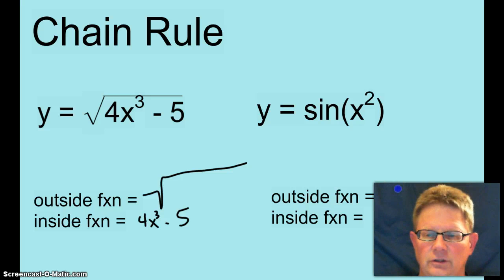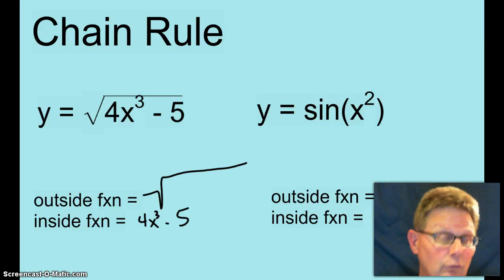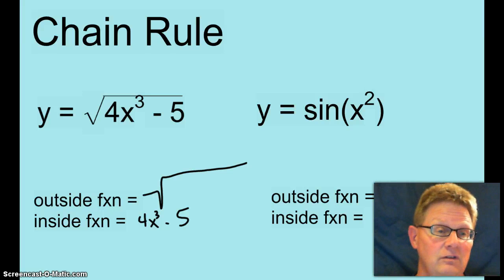The outside function is the sine function, and the inside function is x squared. We have to recognize what the outside functions are and the inside functions, because in order to use the chain rule to make things easier, and the chain rule does make things easier, is to work from the outside in.